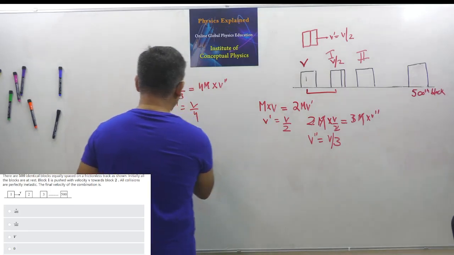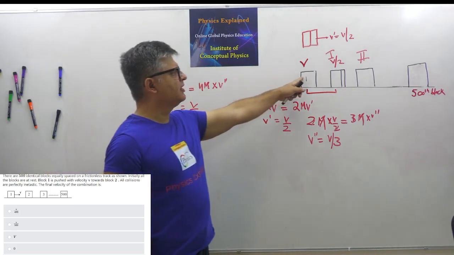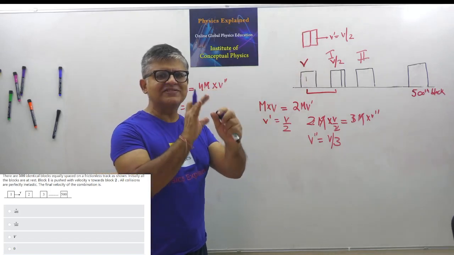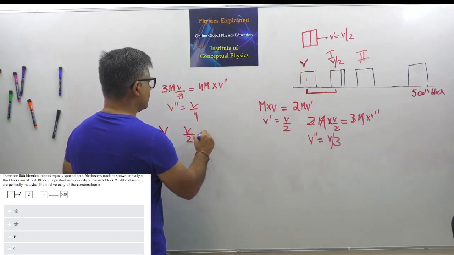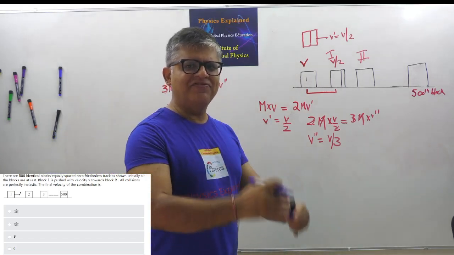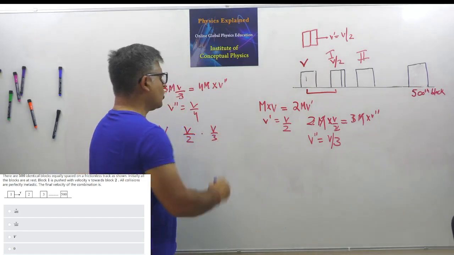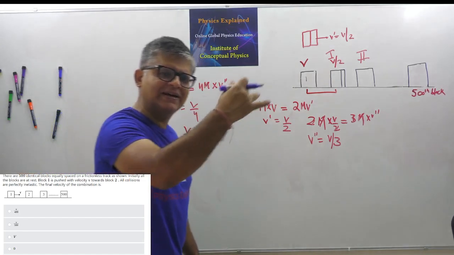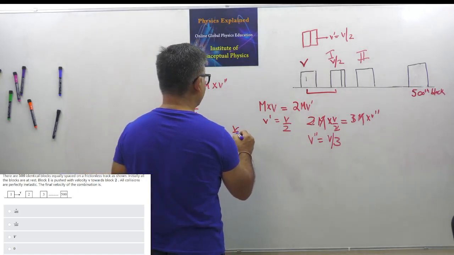Your first mass was moving with velocity v. The combination of first and second was moving with velocity v by 2. The combination of first, second and third was moving with velocity v by 3. The combination of first, second, third, fourth was moving with a velocity of v by 4.